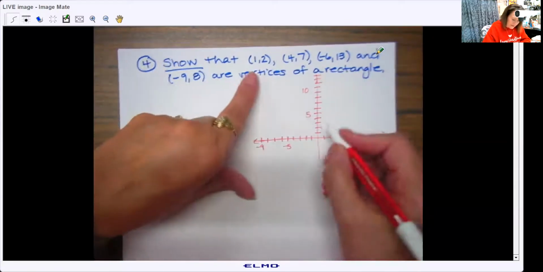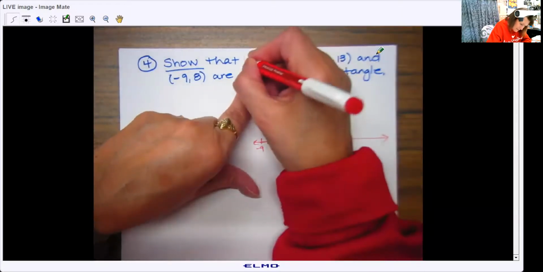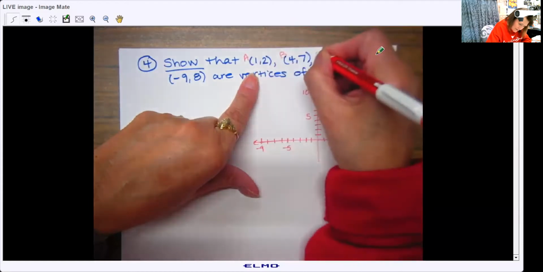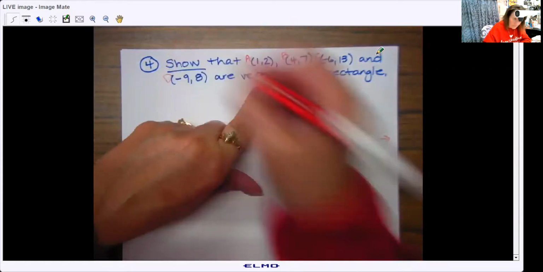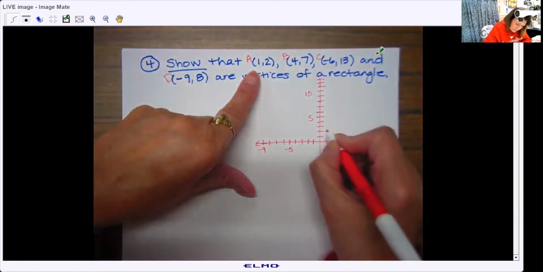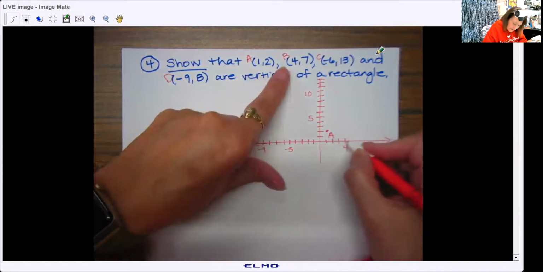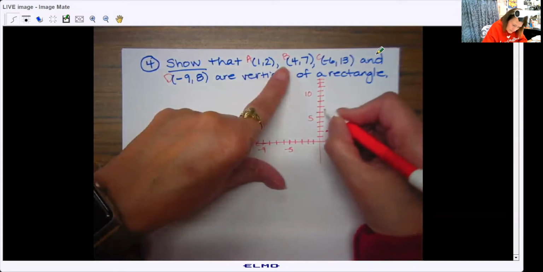Okay, let's graph these now. Let's give them some names. Let's call them A, B, C, and D. All right, so we've got A at 1, 2. That's our A. We've got B at 4, 7.